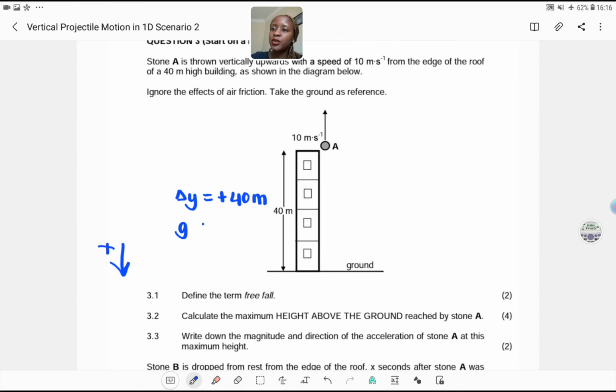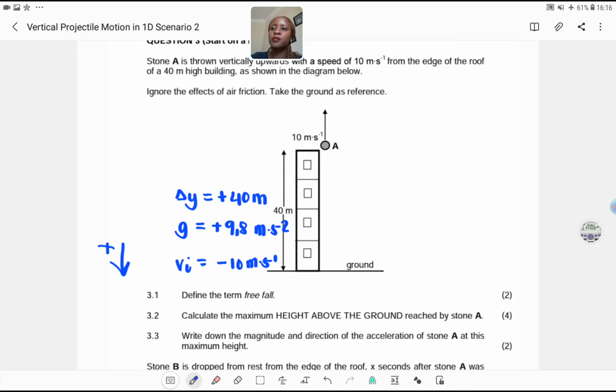My gravitational acceleration will be positive 9.8 meters per second squared. My initial velocity, because it is facing upwards, will be negative. All right, so I think we have everything.